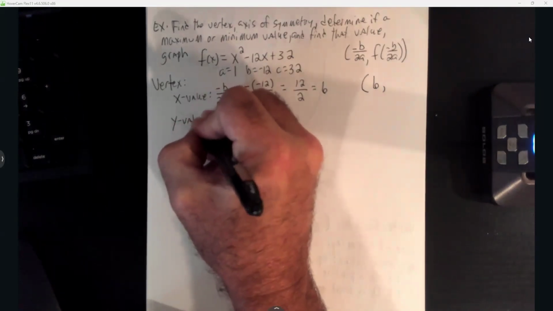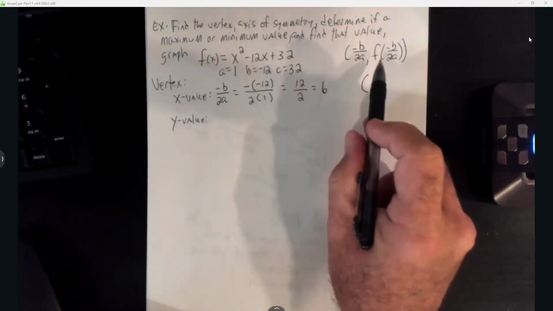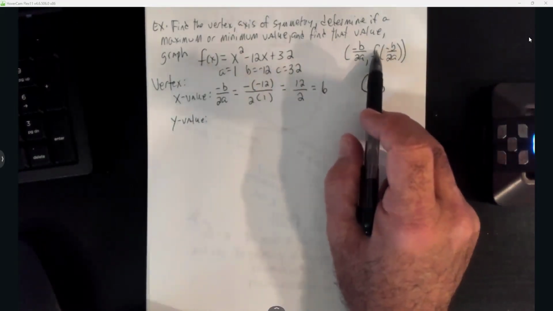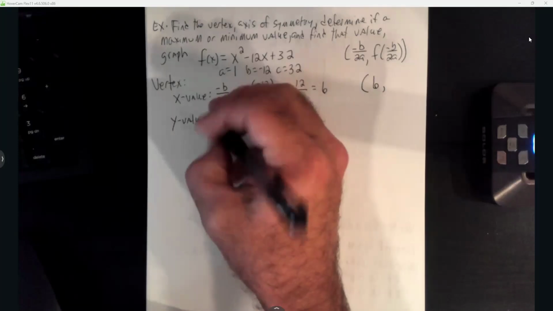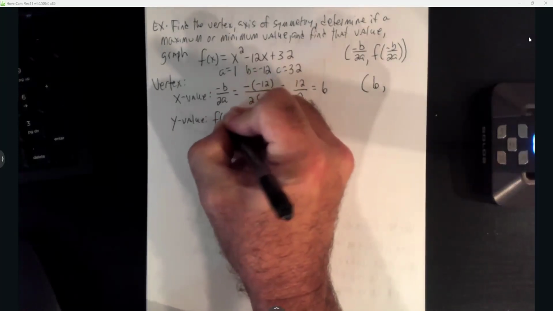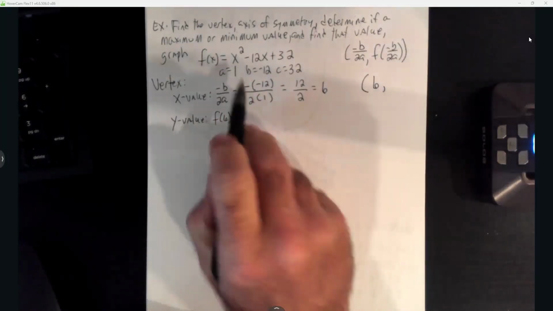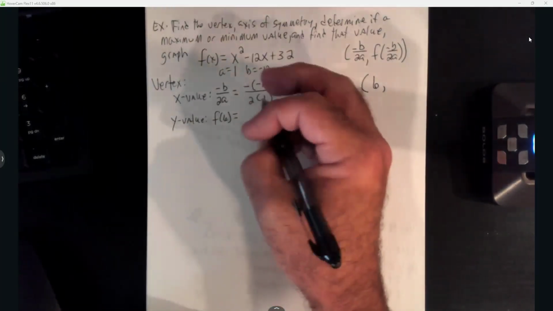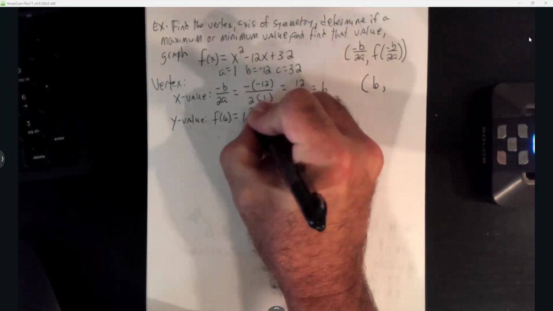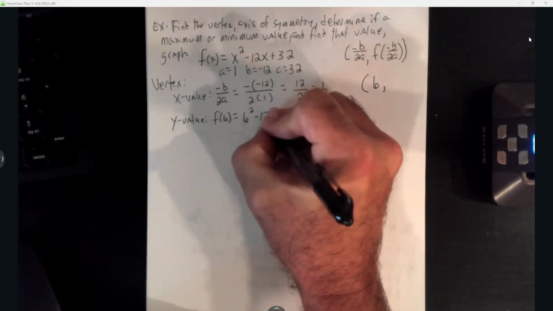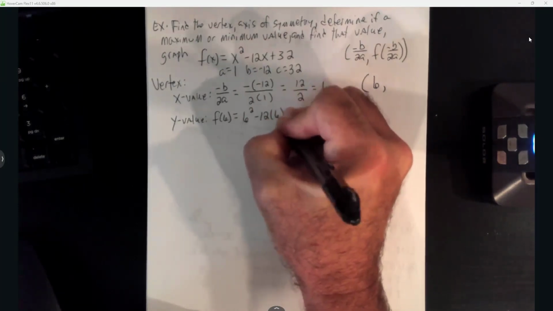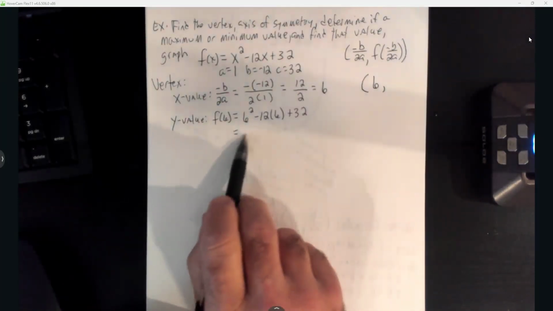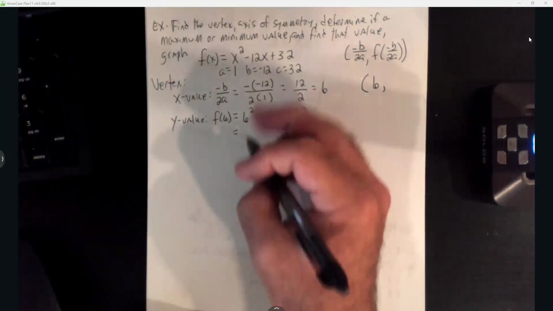Then we come in and get the y value. That was f of negative b over 2a, so for us, that's f of 6. I'm going to put a 6 in for those two x's and see what I get: 6 squared minus 12 times 6 plus 32. 6 squared is 36.